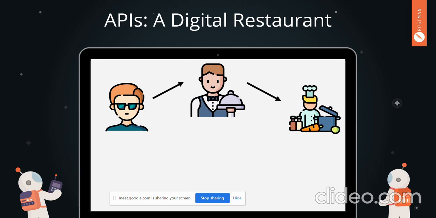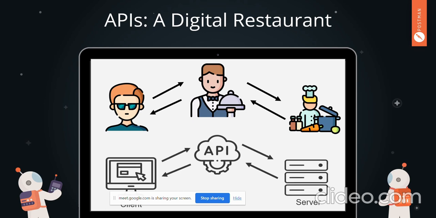In this case, you send a request to the API, which is the waiter, and then our request will be sent to the server. The server is the chef here, and then a response will be received from the server and sent back to you. In the client-server architecture, we send a request to the API, the request is sent to the server, and the server gives us a response.